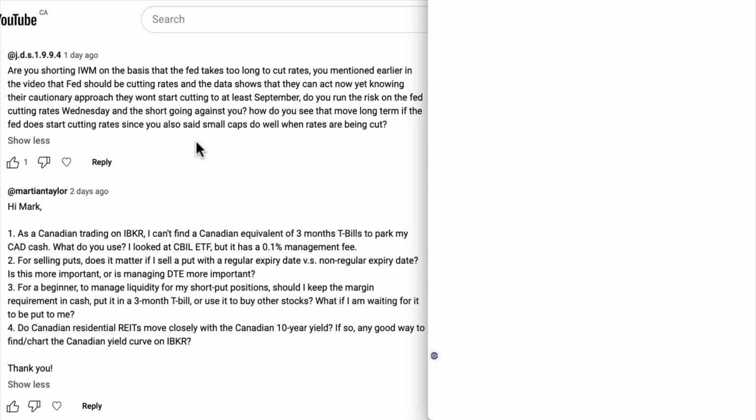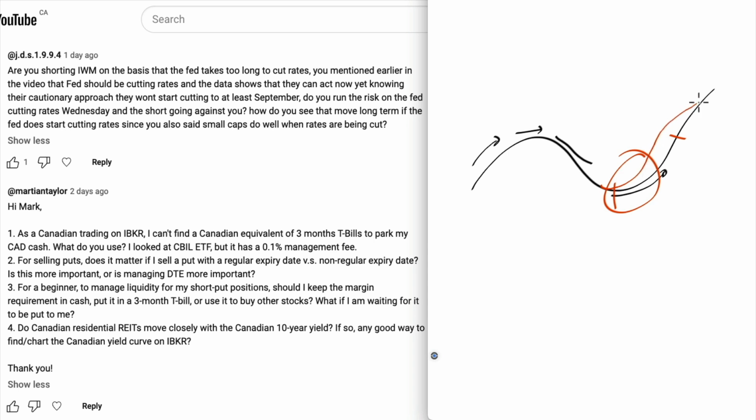premature. Usually, if we think about a business cycle, with this being expansion, there's your slowdown, there's your contraction, there's your recovery. This right here, that is the small cap sweet spot. That's where they tend to outperform, in sort of early recovery to about mid expansion. And then if we look at small caps, they tend to have this kind of performance, and large caps tend to have this kind of performance.